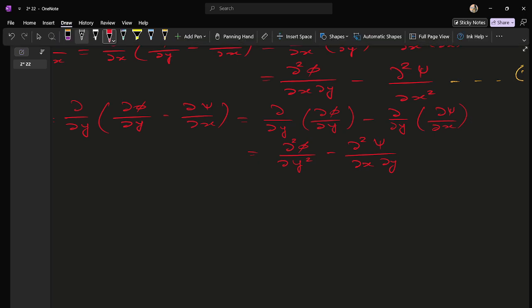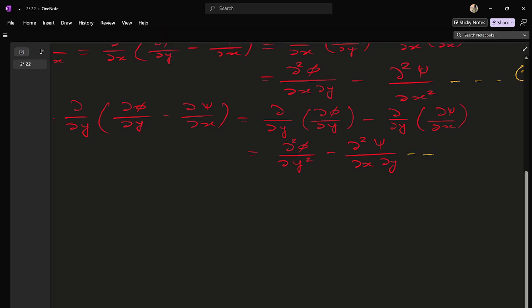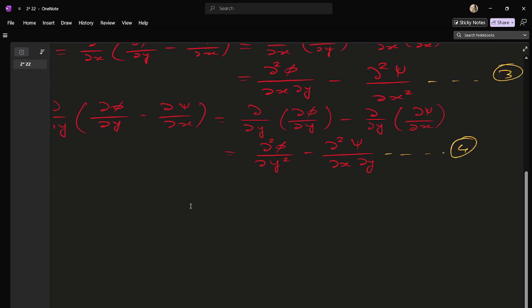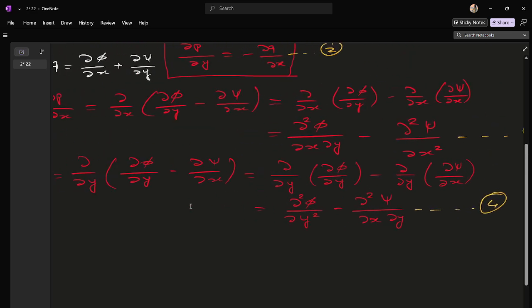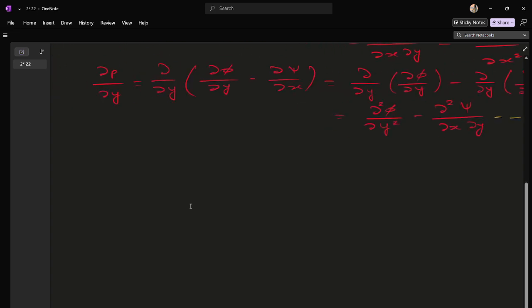Now let us name it 4. We are going to have 4 equations here. So now 3, 4, and 5, 6 will come up.